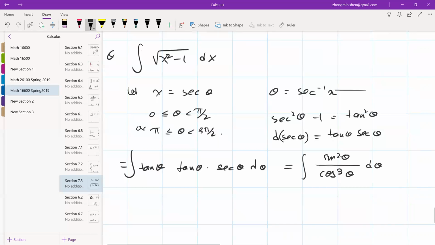So suppose you're given the integral of that, right? How do you solve the problem? Okay, tangent squared theta.